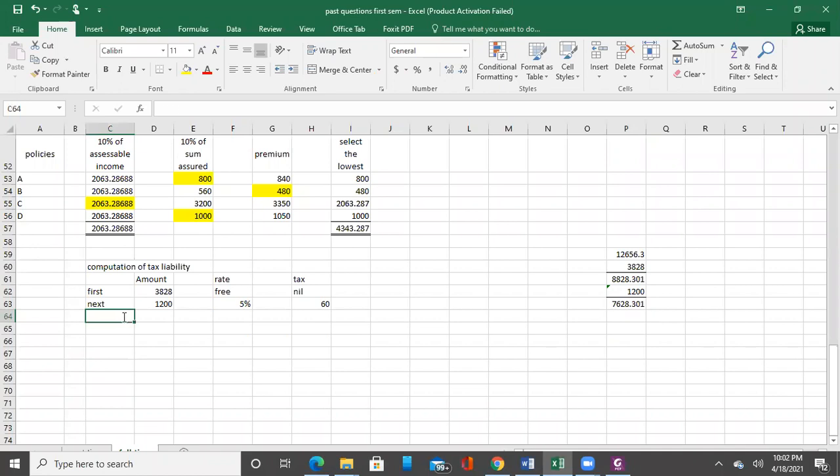Now, the next bracket is saying that if the money left will reach 1,440 and over, you see that we are at 7628, so it's more. Count 1,440 and pay 10% tax. So this one is going to be equal to this multiplied by this.